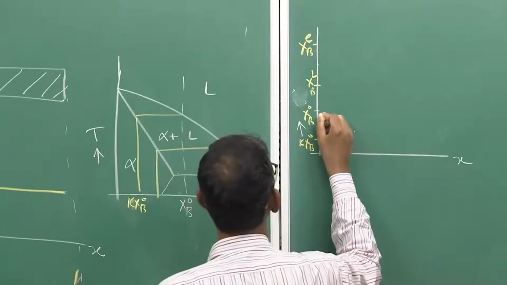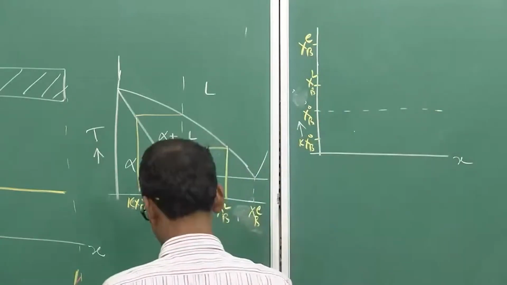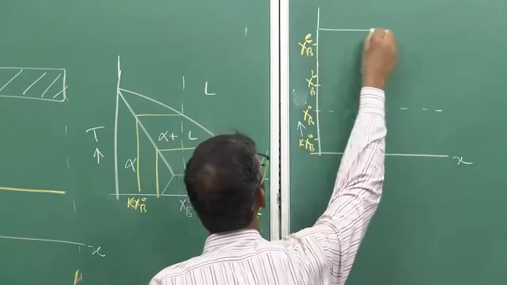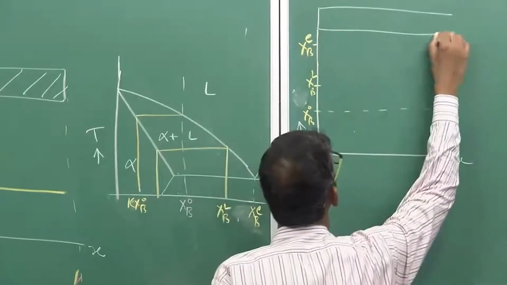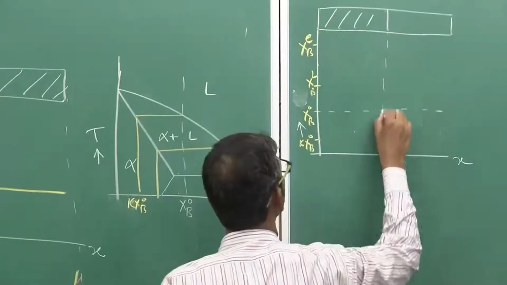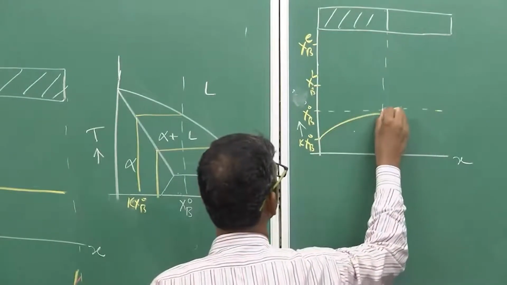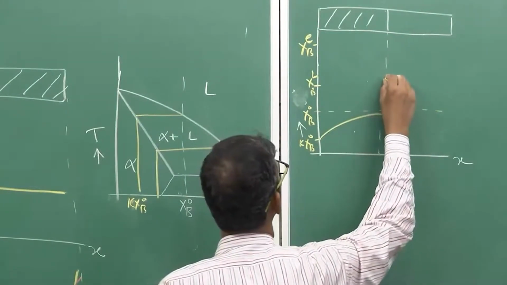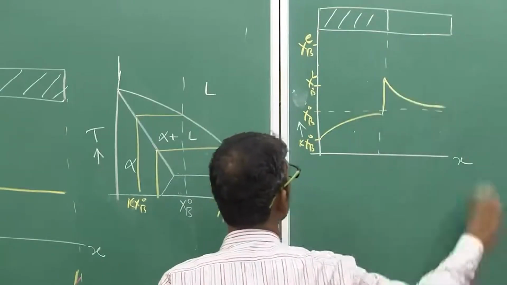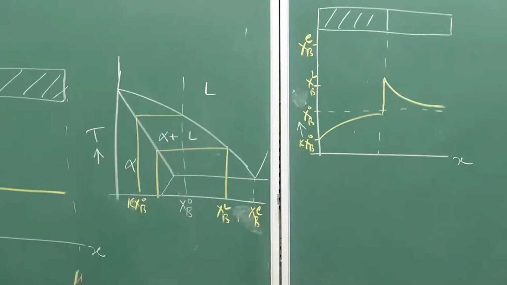Let me draw a line here. I am talking about the intermediate case. So, this is what the solid profile looks like.